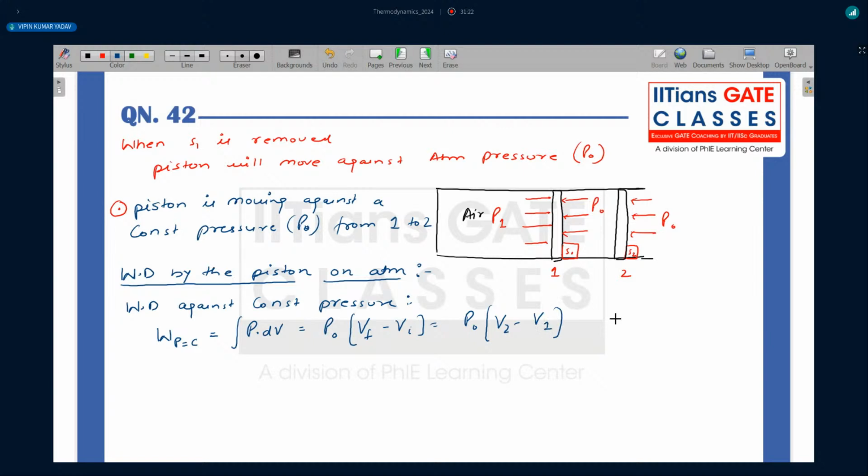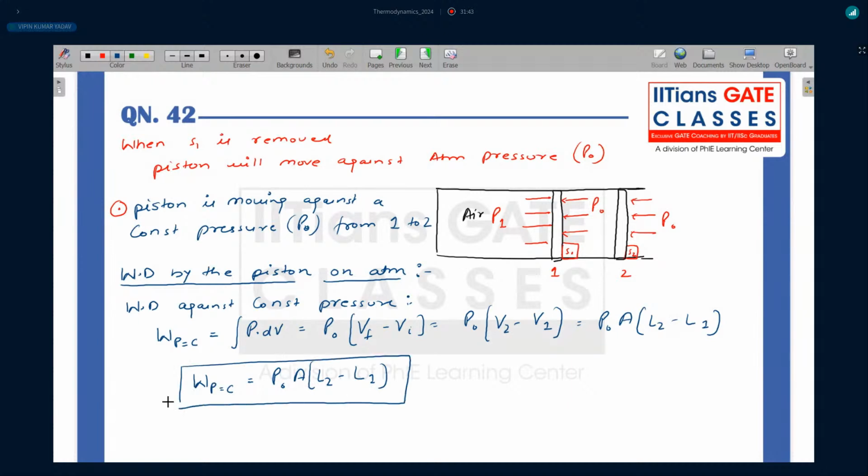And the area is constant, so I can write P naught times area times L2 minus L1. So at constant pressure, the piston is doing this work against the atmosphere. This is my correct answer. Let us see the options.